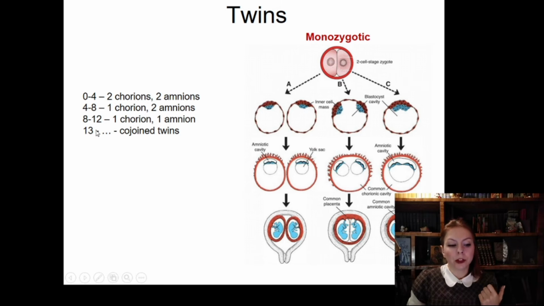But if fission occurs later, then in this case it will be conjoined twins, meaning that they could share their skin, some ventral organs, sometimes skeleton, and the later this fission occurs, the more harmful it is for the embryos, for the fetus. Okay, so what we have to say about monozygotic, I think it's obvious.